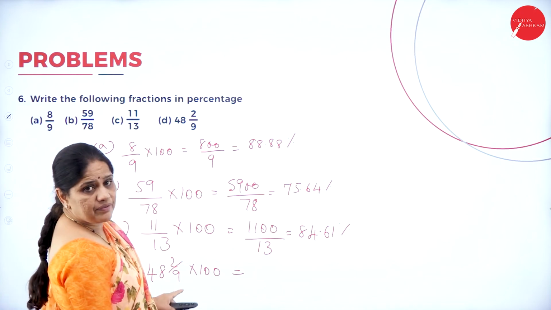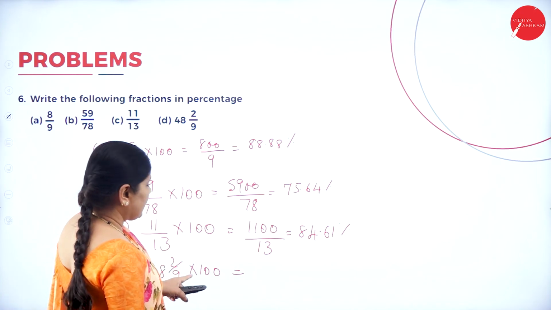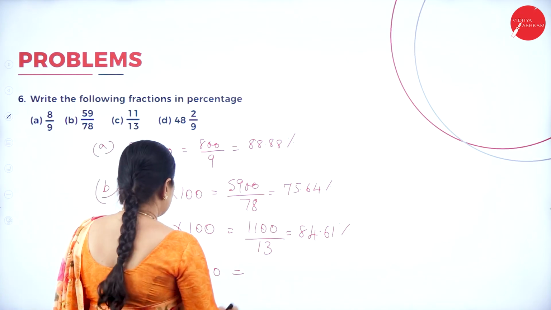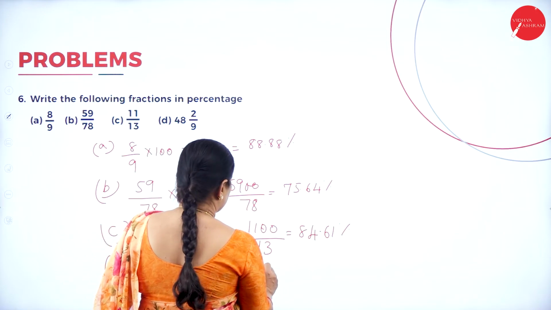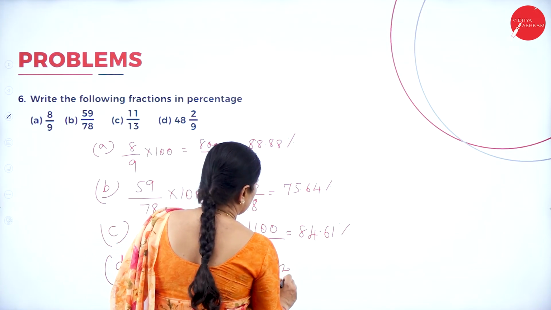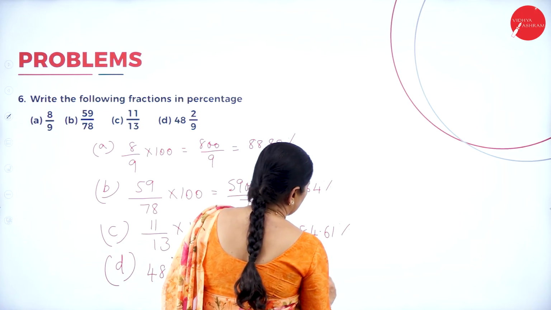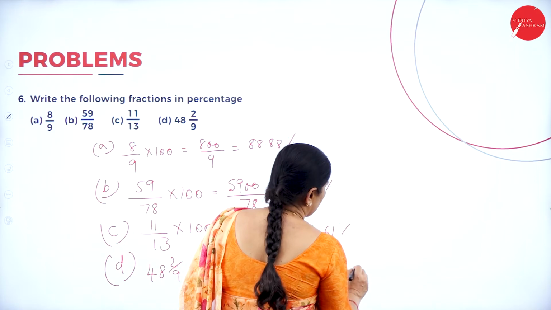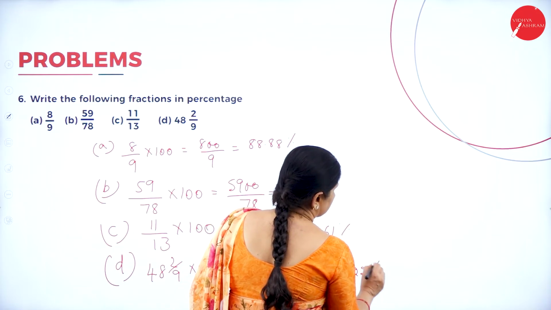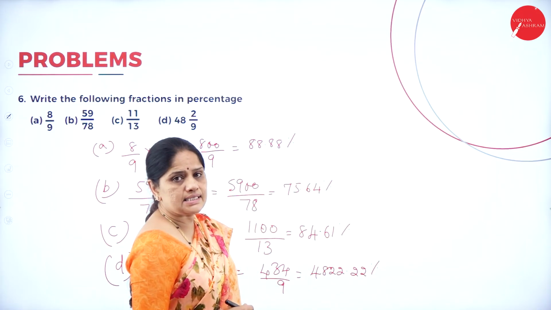When we simplify this, 48 2 by 9 into 100, I get the answer as 434 by 9. That will be equal to 4822.22%. So this is the answer.